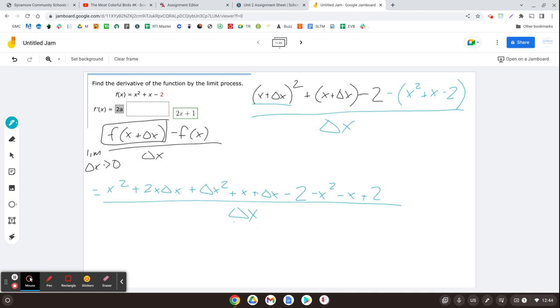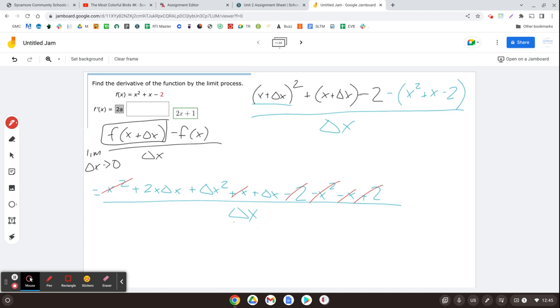And here's where we hope that magic starts to happen. Okay? So we got an x squared. We got a minus x squared. And those add to be 0 so I can eliminate them. We got an x. We got a minus x. We got a negative 2. We got a plus 2.